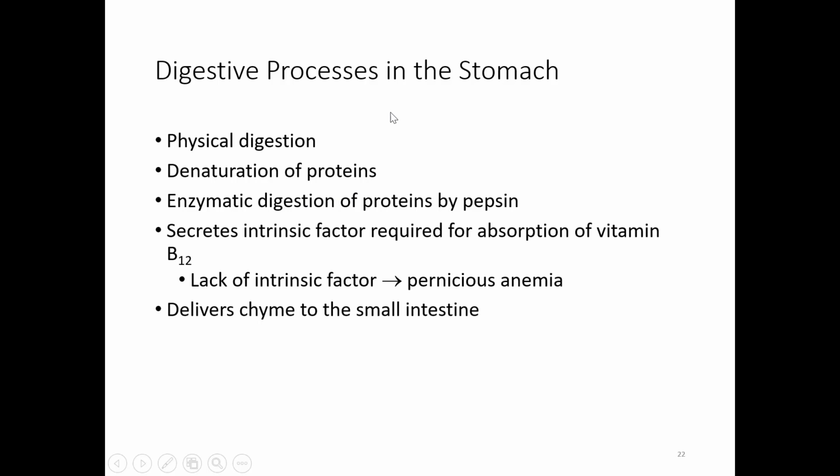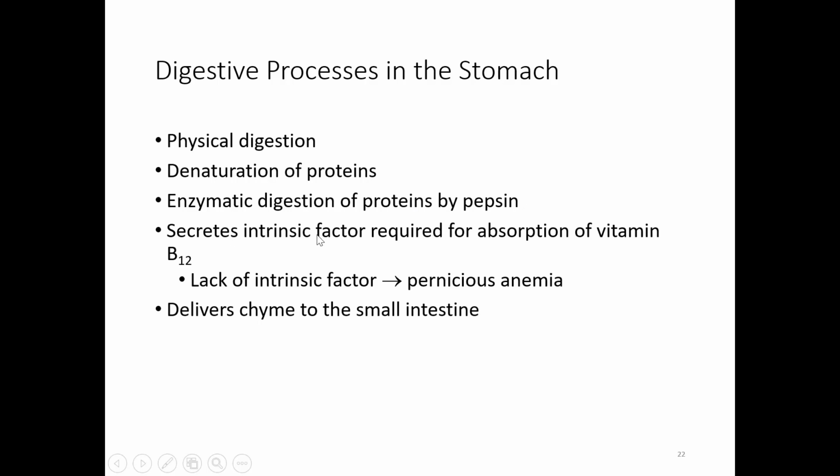Digestive processes that are going on in the stomach would be physical digestion. Remember, when stomach walls contract, they mix food with stomach juices. Denaturation of proteins happens by hydrochloric acid. Enzymatic digestion of proteins by pepsin, or just breaking them into amino acids.